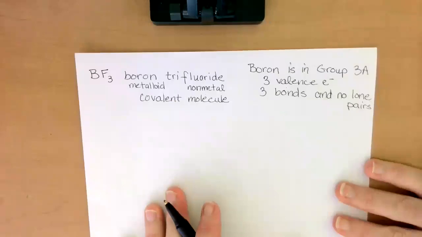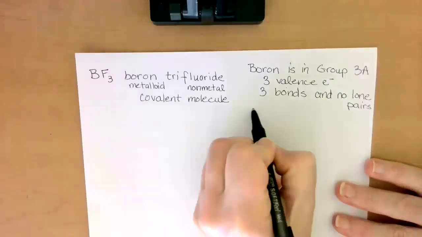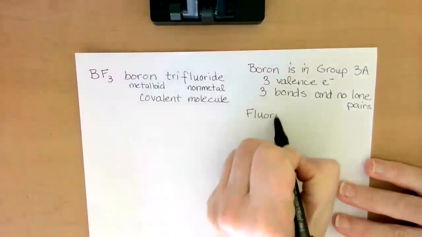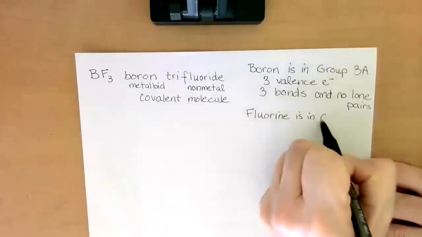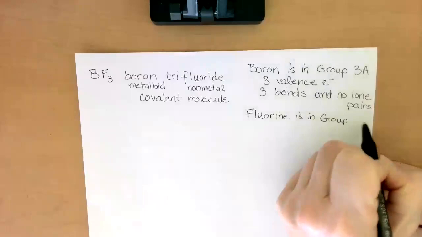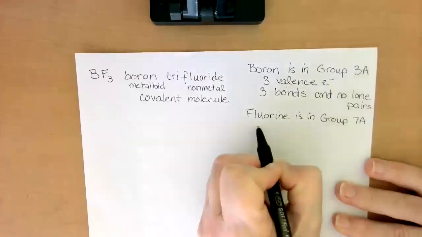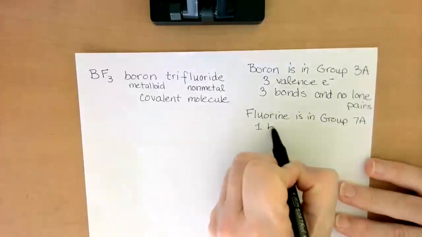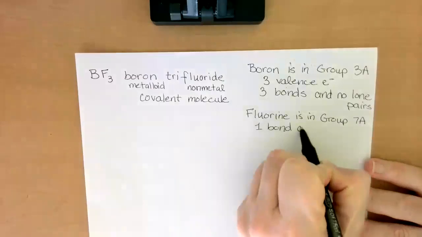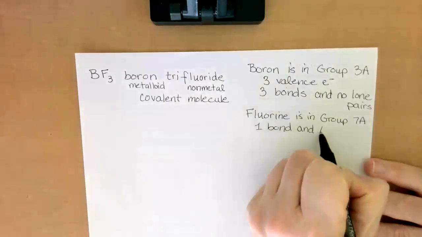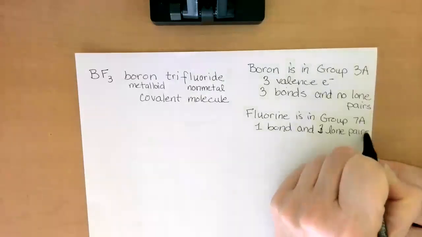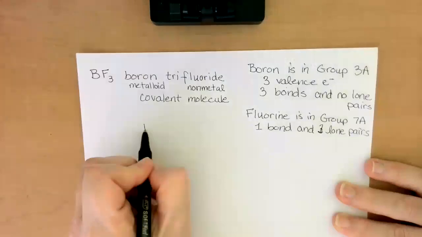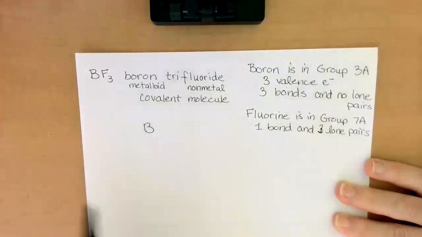The fluorine is in group 7A. So just like the other 2 that we've done so far, chlorine and bromine, he will have 1 bond and, sorry, 3 lone pairs, a total of 6 electrons left over. I will put boron in the center. He wants more bonds, so he goes in the center.